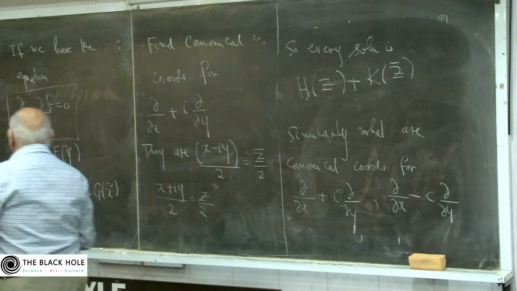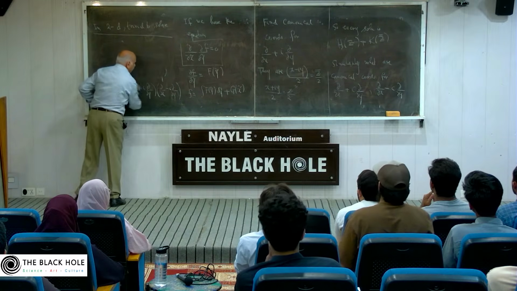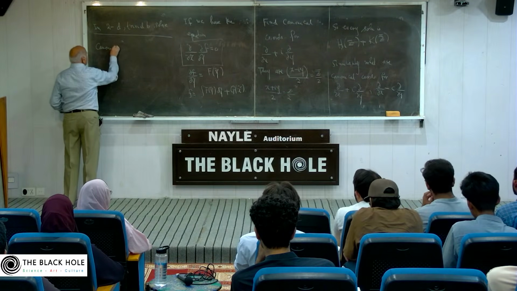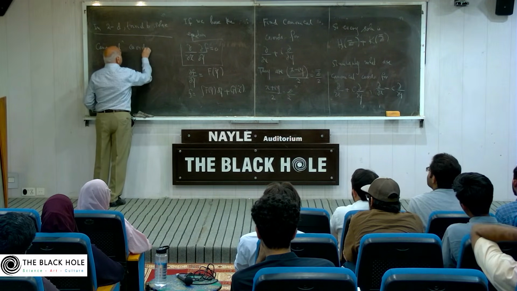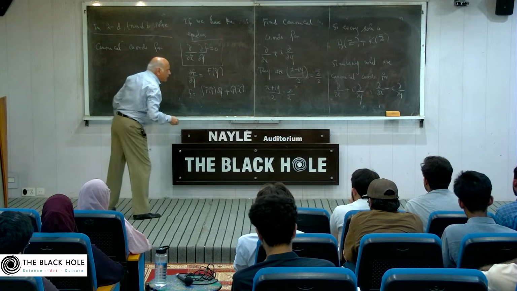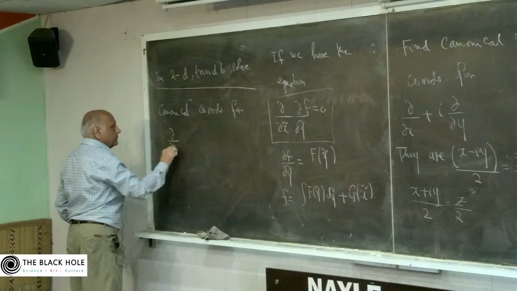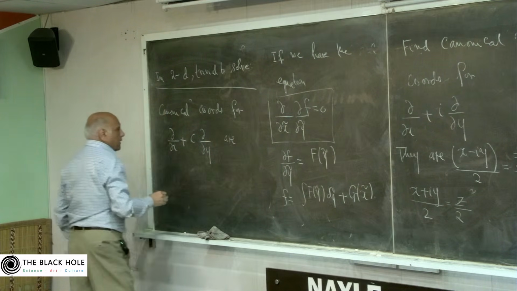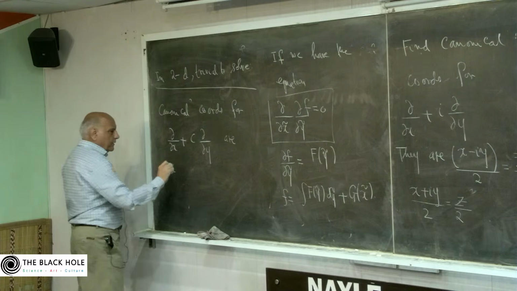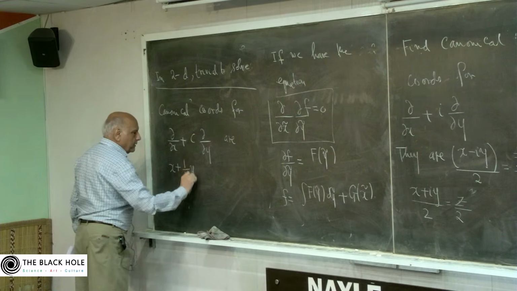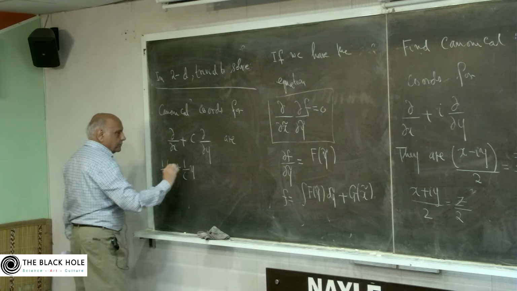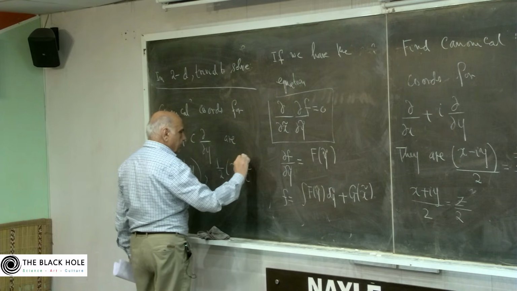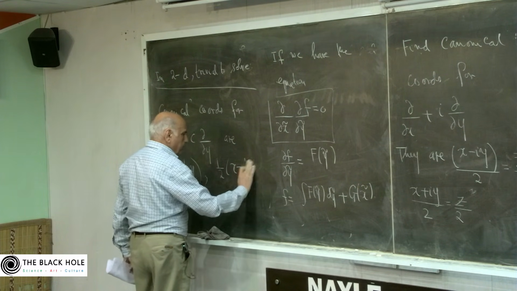So the coordinates for d by dx plus c d by dy are x plus 1 over c y times 1 over 2, and 1 over 2 x minus 1 over c x minus 1 over cy.